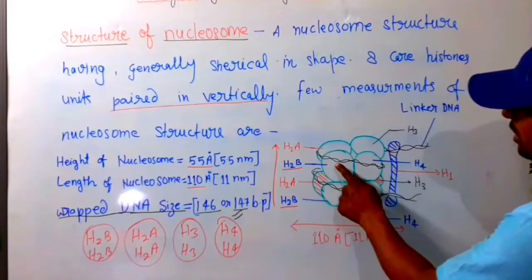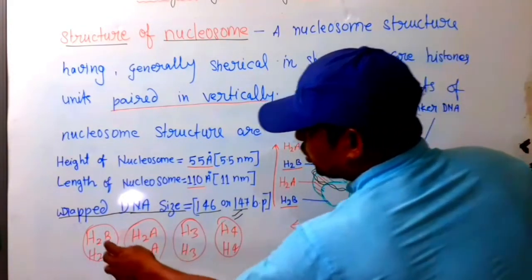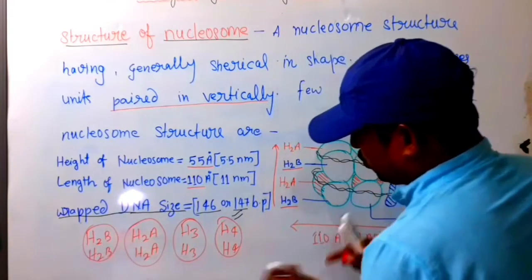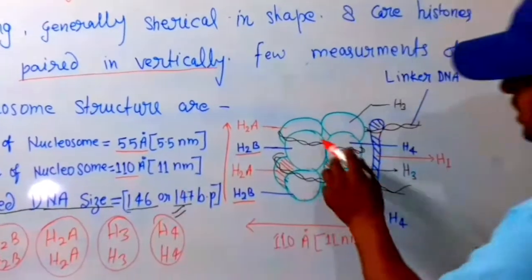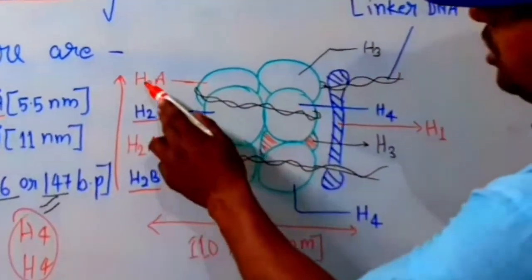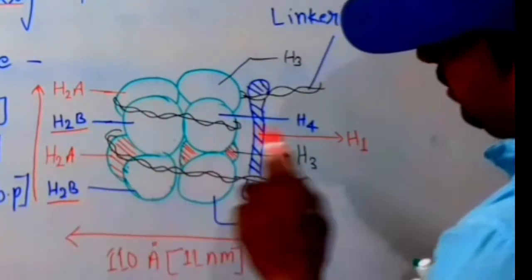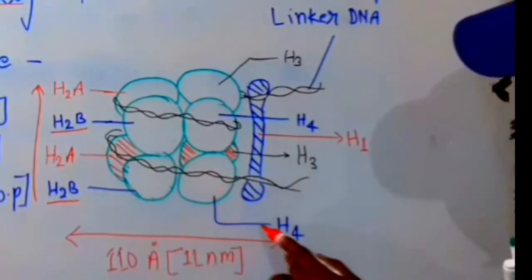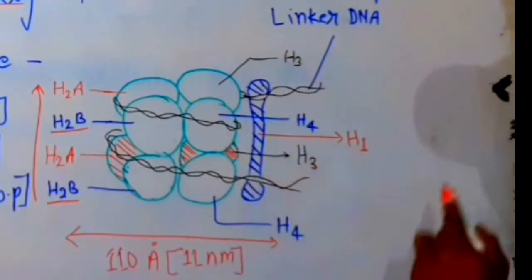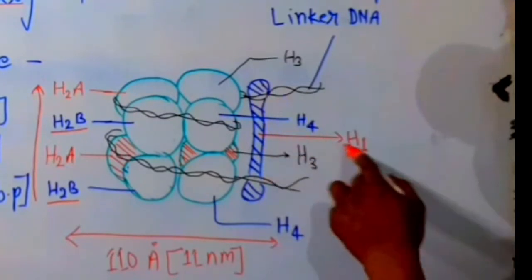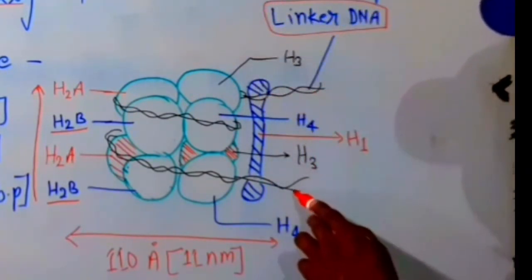It means 2, 2, 2, 2, that is 1, 2, 3, 4, 5, 6, 7, 8, octamer. This structure is an octamer: H2A, H2A, H2B, H2B, H4, H4, H3, H3, and H1 is the binding linker.